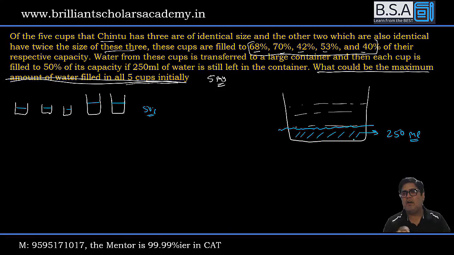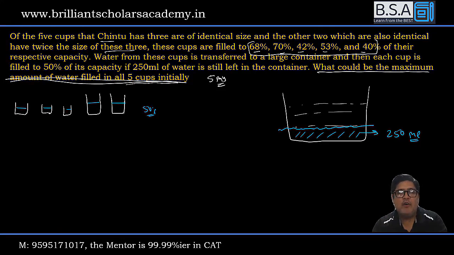So based upon all of this, based upon your understanding of all of this, what was the maximum capacity of water filled? Maximum amount of water filled in all 5 cups initially. This is the problem. This is the question. You took the water from all 5, put into a big container, and then you fill them up individually to 50%.